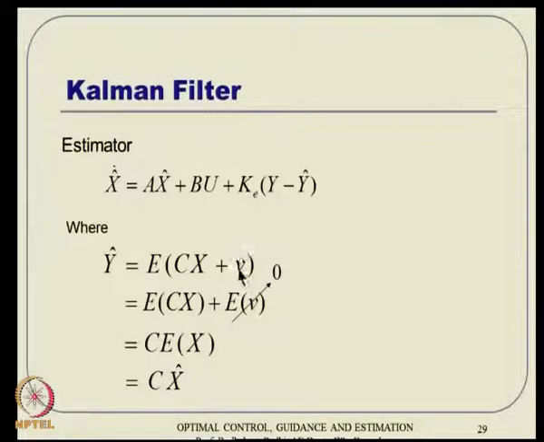The expected value of v is 0 because it is a zero mean noise, and C can come out. So, y hat is nothing but C x hat. That is the expected output, while y is the true output. There is a difference between them, and that is how this observer or estimator dynamics operates.